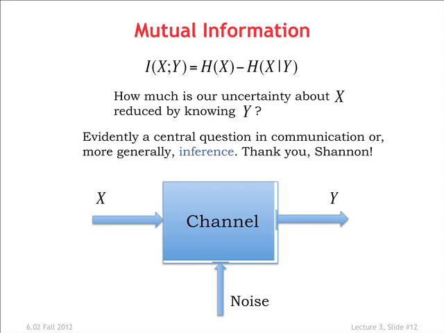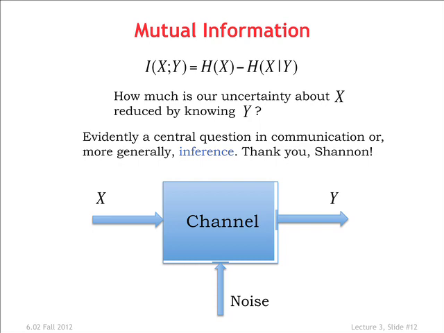We know that H(X) is the entropy in X, so it's our uncertainty about X. It's the expected information when you're told something about X. This symbol denotes the uncertainty in X given information about Y. Okay, so it's the conditional entropy here. And so what this is asking is, how much is our uncertainty about X reduced by having information, having a measurement of Y?